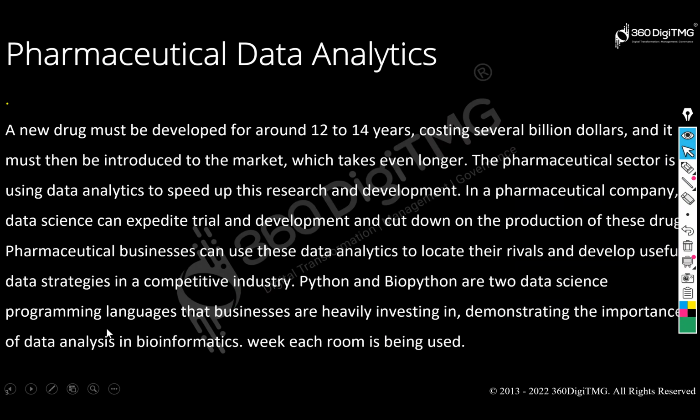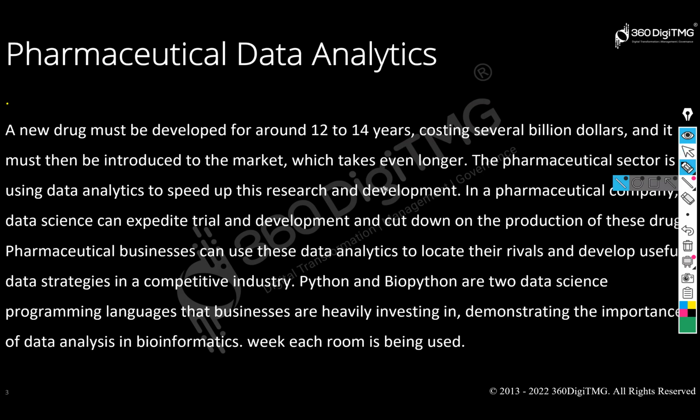So let's get into and see some applications of pharmaceutical data analytics. There is an application stating a new drug must be developed in around 12 to 14 years, costing around $7 billion, and it must then be introduced to the market, which takes even longer. The pharmaceutical sector is using data analytics to speed up this research.